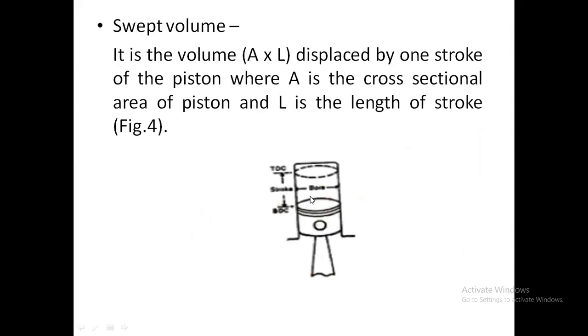By diagram, it is the ratio of this much total cylinder volume, divided by only the clearance volume, right? This is the total cylinder volume, and it is divided by only this clearance volume.